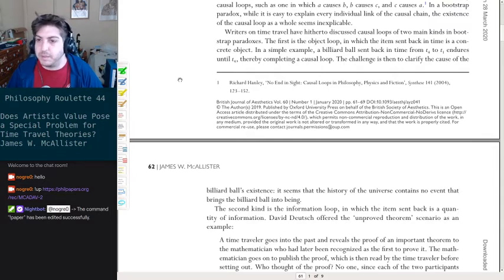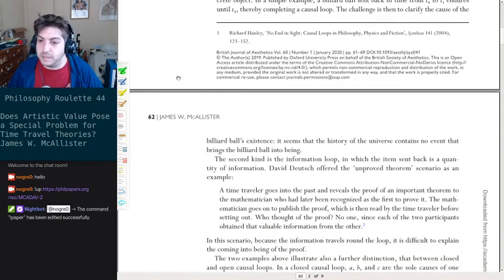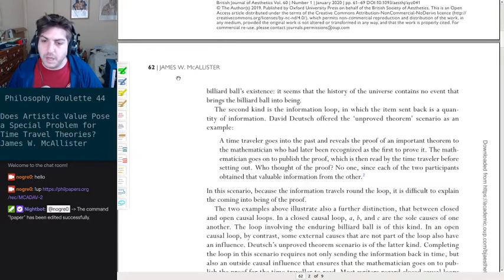In a simple example, a billiard ball is sent back from time t4 to t1, endures until t4, thereby completing the causal loop. The challenge is then to clarify the cause of the billiard ball's existence. It seems that the history of the universe contains no event that brings the billiard ball into being. The second kind is the information loop, in which the item sent back is a quantity of information.